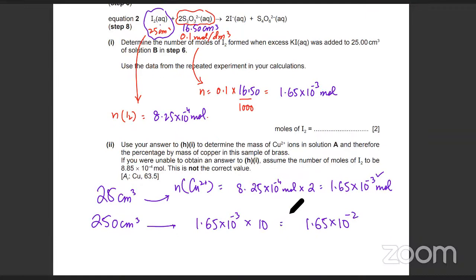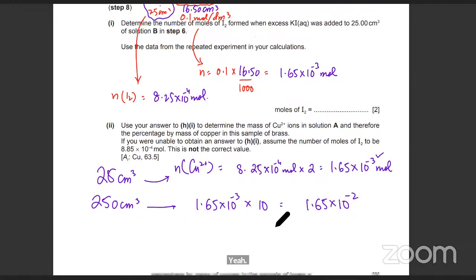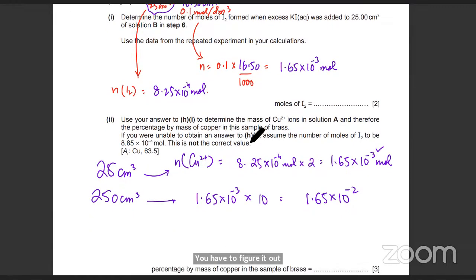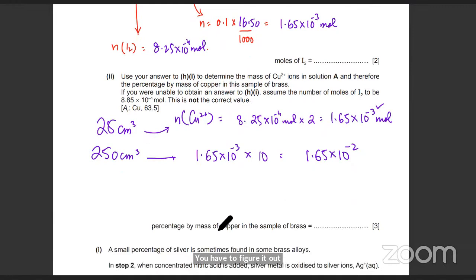And finally, what you have to do is figure out the percentage by mass of copper in the sample. So first you convert the moles of copper into mass. Copper's Ar is given. So what will the mass be? That's going to be 1.65 times 10 to the power minus 2, multiplied by 63.5.